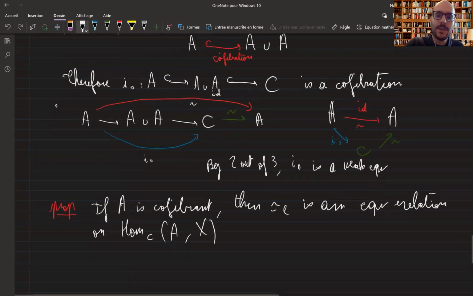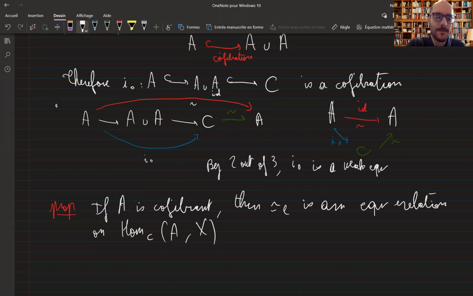And therefore the composite is also a cofibration, because instead of including into the first factor, you included the second, but it's completely the same. And also here, if you included the second factor, you still have the identity here by definition of the cylinder. So the argument for I1 is completely identical, right?